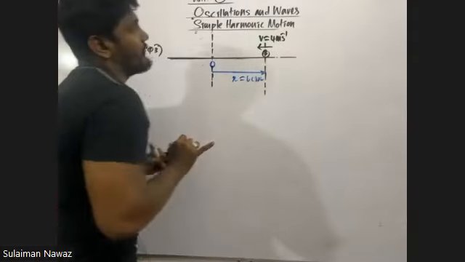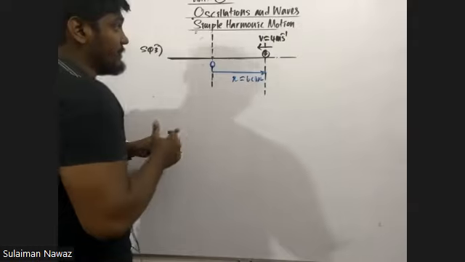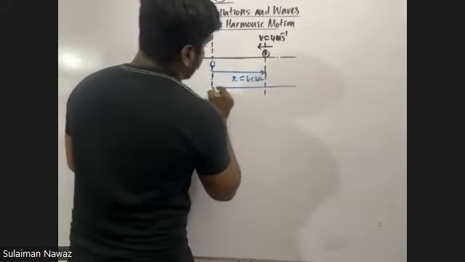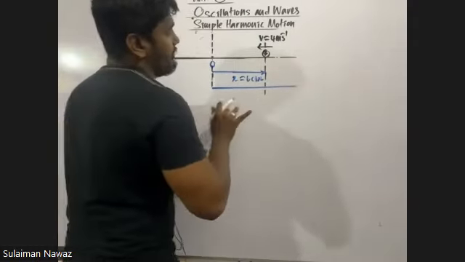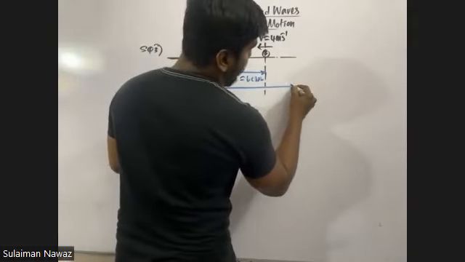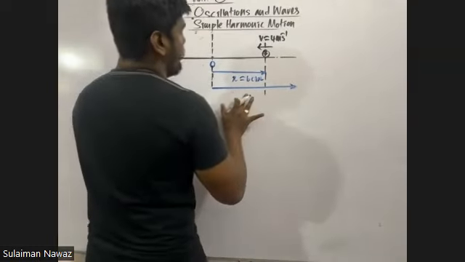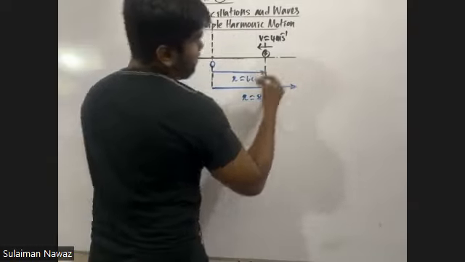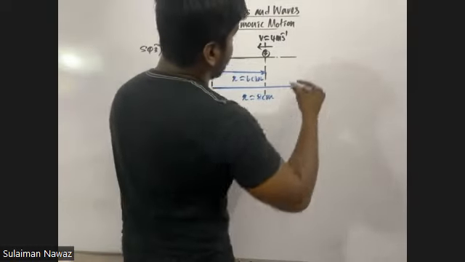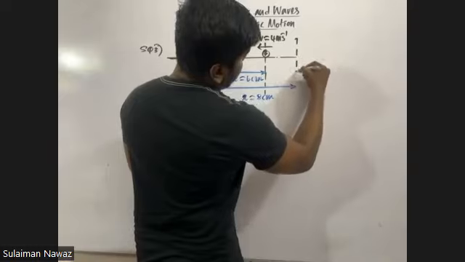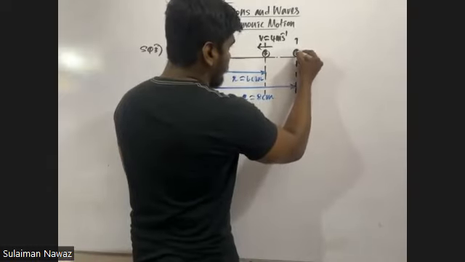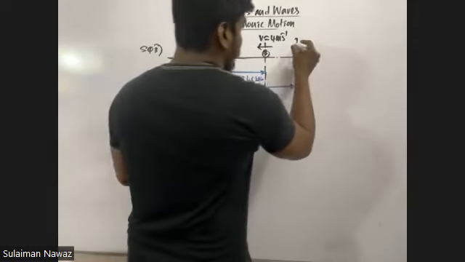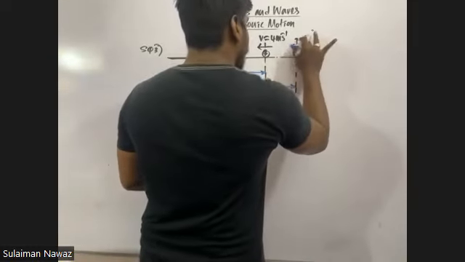When the displacement is 8 centimeters, a proper diagram will help you get the final answer. Then they have given the velocity.